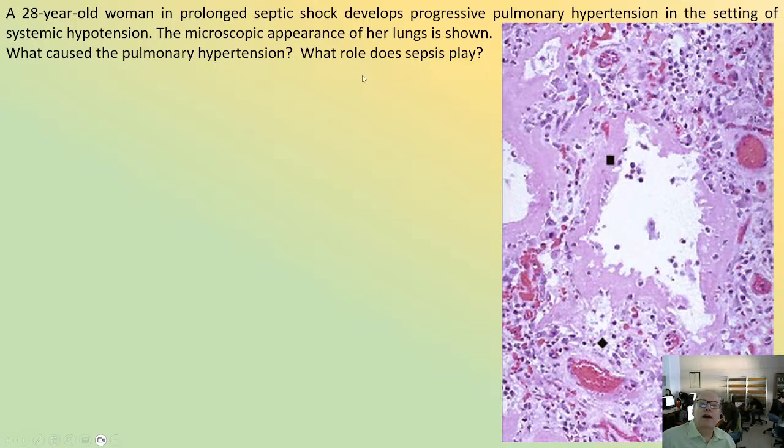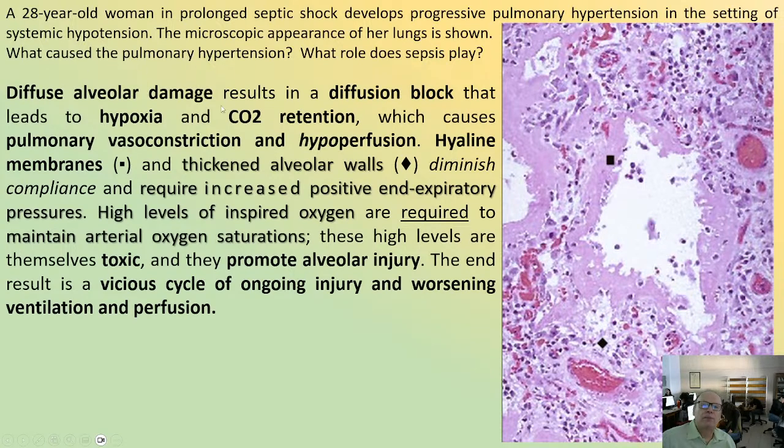And what caused the hypertension and the role of sepsis? So this is hypoxia, and we have retention of carbon dioxide, pulmonary vasoconstriction, and this pulmonary vasoconstriction is related to the development of pulmonary hypertension. If we have constriction of the vessels, hypertension develops.